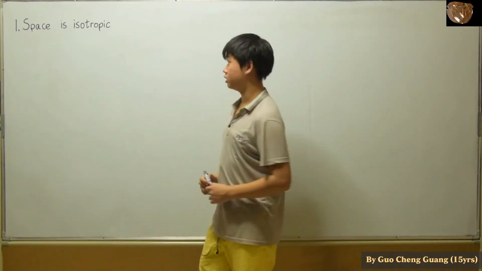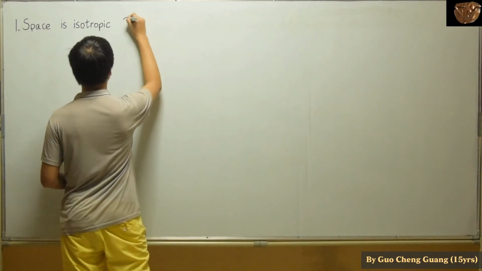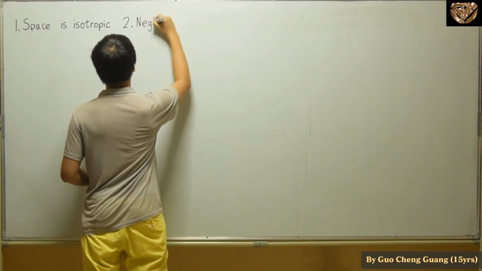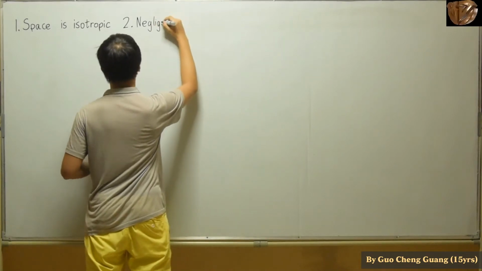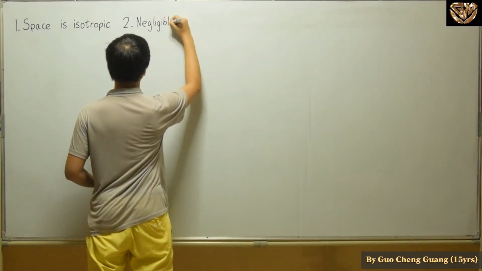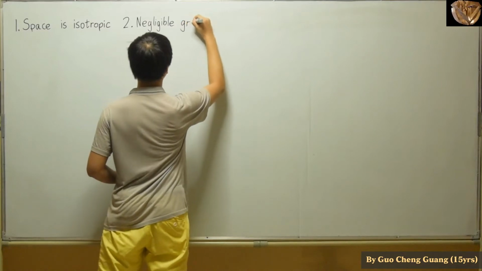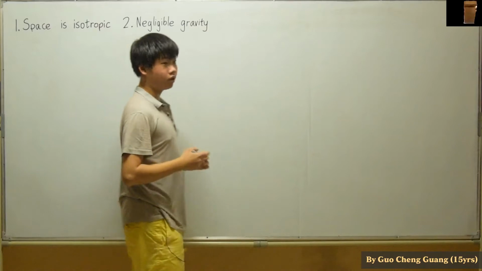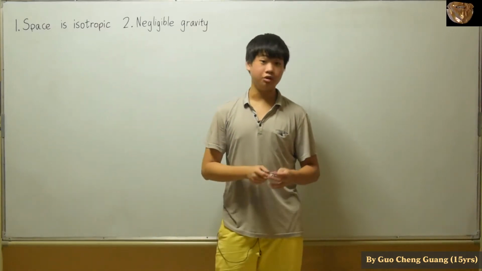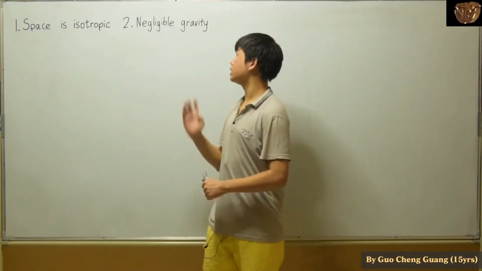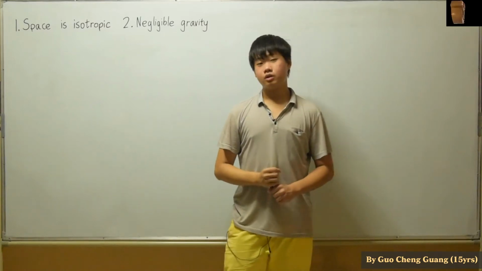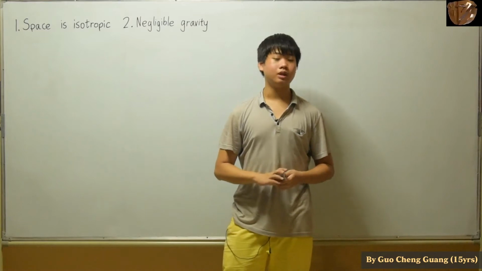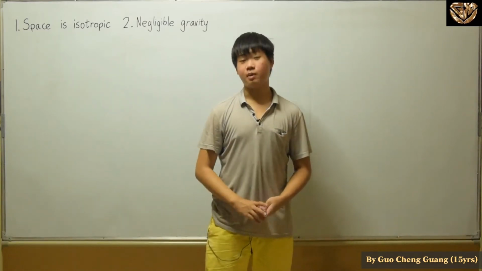The second assumption that we're going to make is negligible, let's say, gravity. So everything on Earth, on different planets, on the sun, they all experience gravity. But when we are taking a look at the space we're using, we would assume an ideal environment for this experiment.